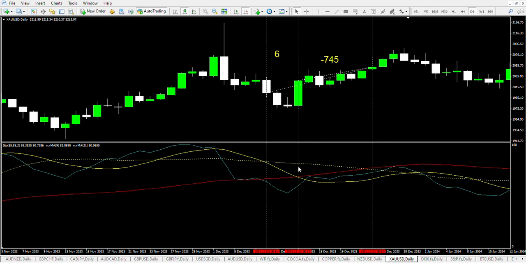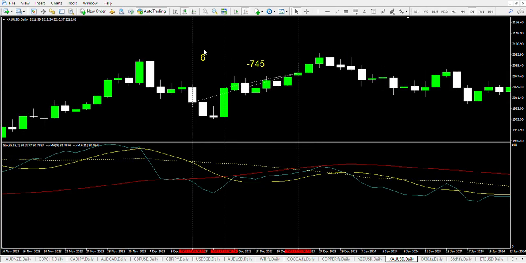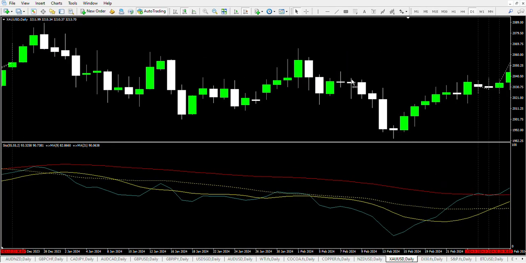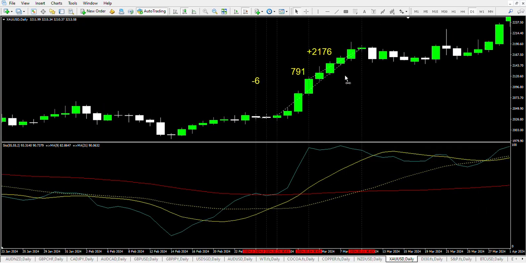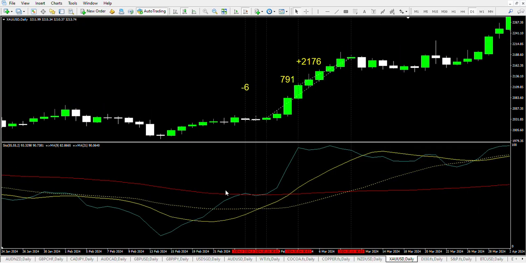And then when this 21 crosses, price is actually higher than the start. So if both trades close there, we end up with 74 pips of loss. I think that was supposed to be -6. And then here we have a loss.